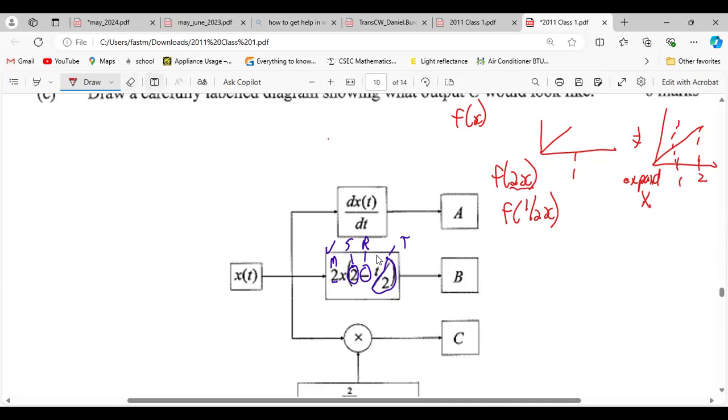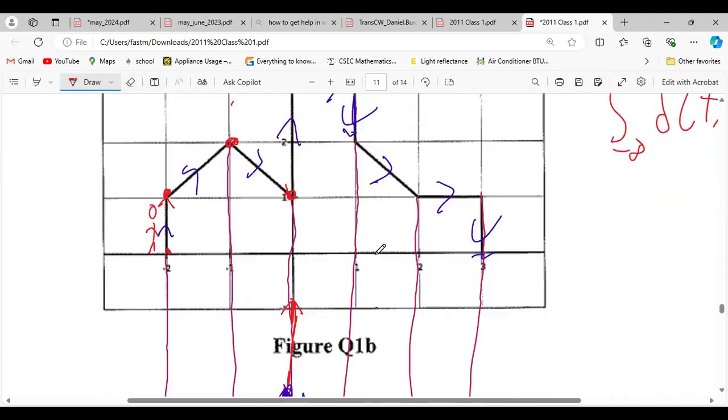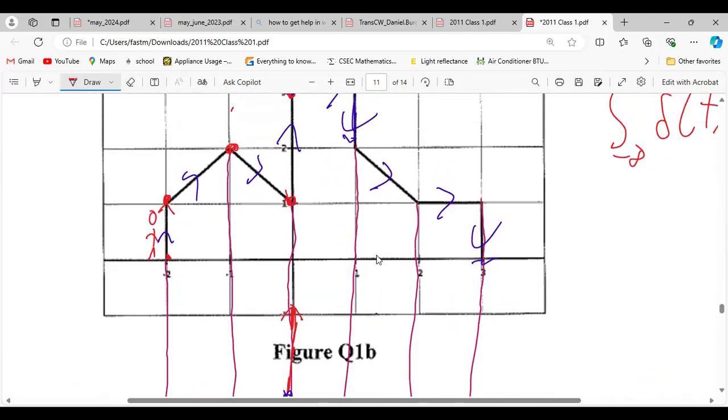So based on that, if we look back at the question we're doing, t on 2, basically a half, is less than 1, so you're supposed to expand. If we multiply by a half, look at the values. If we multiply this by a half, this will be 0.5, this will turn to 1, and this will turn to 1.5.